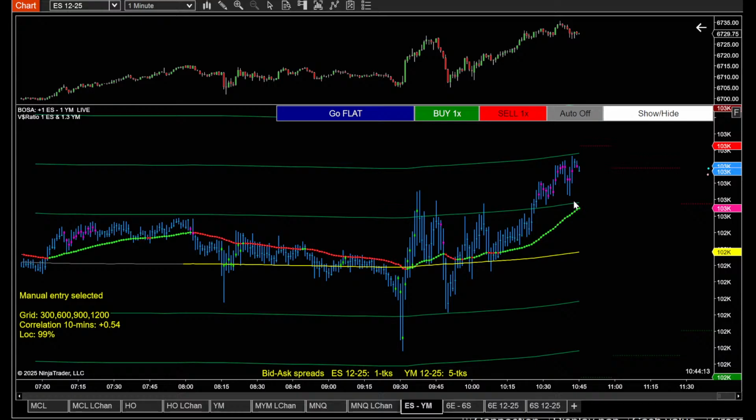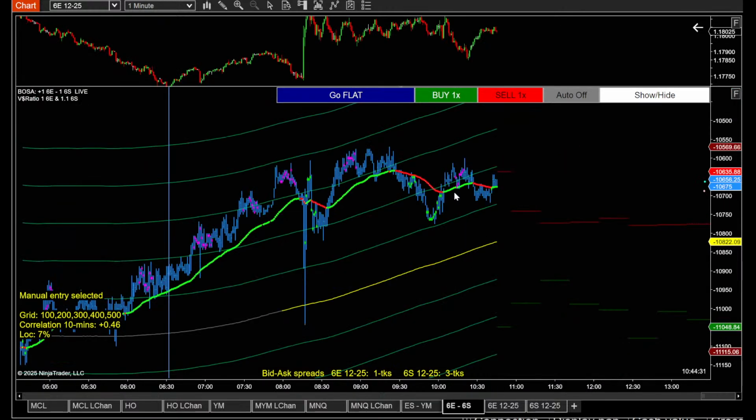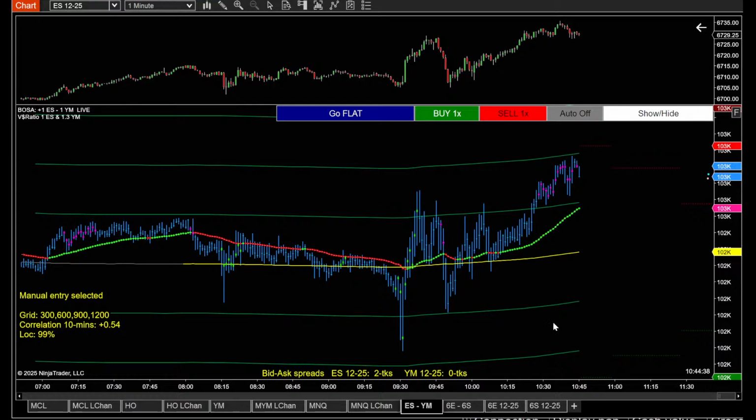So if we come down to this MA, we're $300 away from the midline. That would be my target. So this is the ES versus the YM. All right. We're really just kind of hovering around the fast MA here. Not much to see in the 6E/6S.